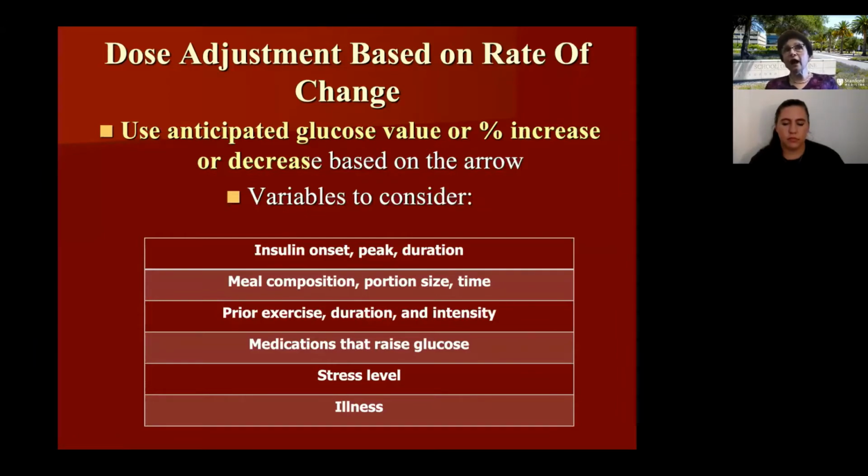So if you're now 130, 140, and you're showing 2 arrows up, you know you're either more insulin resistant or something was undercounted before, and you are eating 40, 50 grams of carbohydrates. On a closed loop system, put in a little more carbs than you are actually eating, right? Because you know that you are already going up, so you need to overcome that.